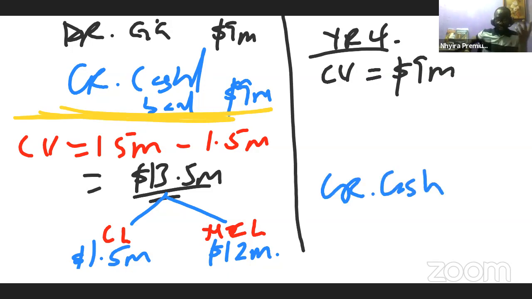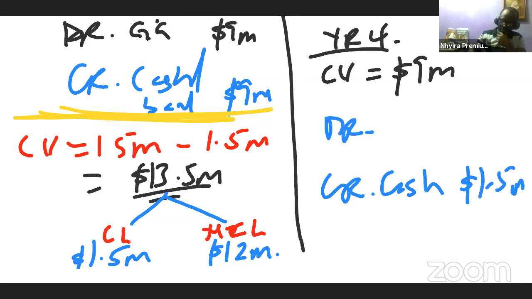So 10% of the grant is 15 million. So 10% is 1.5. That means that's what we are paying. So we credit our cash with 1.5 million. Then we will debit the government grant account with 1.5 million. But now there is still an amount outstanding in the government grant account.